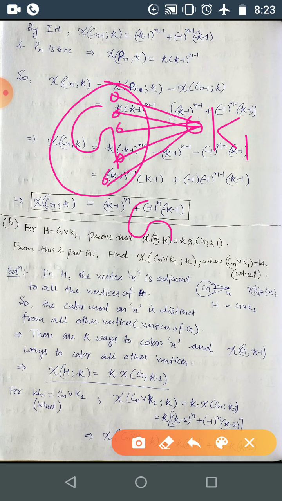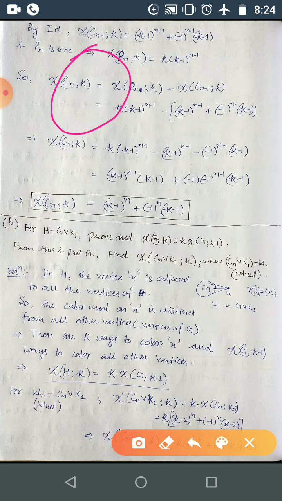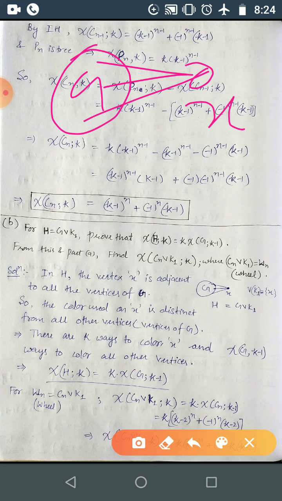So that will be the join of G and K1, correct? So suppose this is the G graph, and this vertex we are having, okay? This is K1, correct? So the vertex name is X. So here some U, V, W, okay? So all the vertices are adjacent with X.